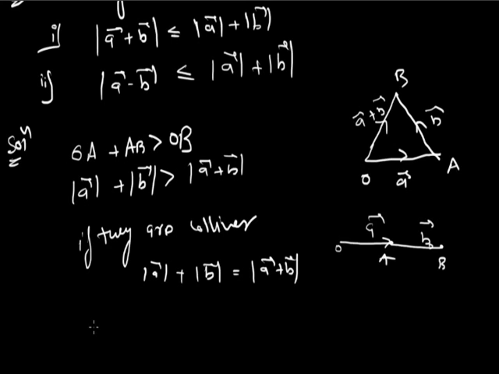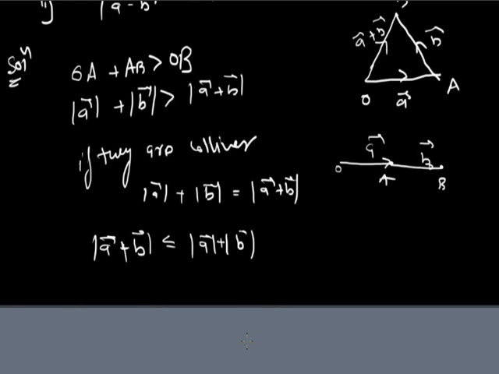So now it's proved that the magnitude of a vector plus b vector is less than or equal to the magnitude of a vector plus the magnitude of b vector.